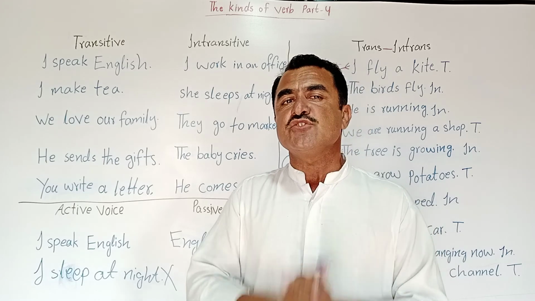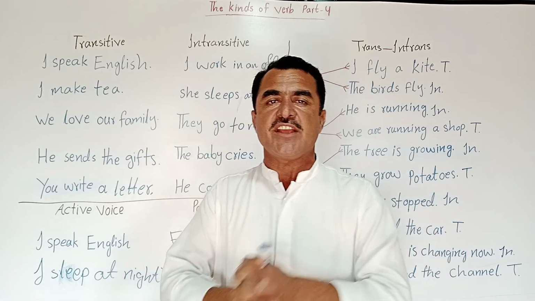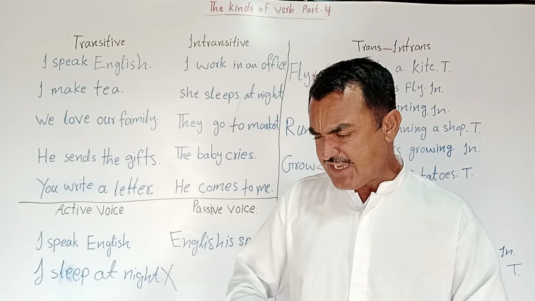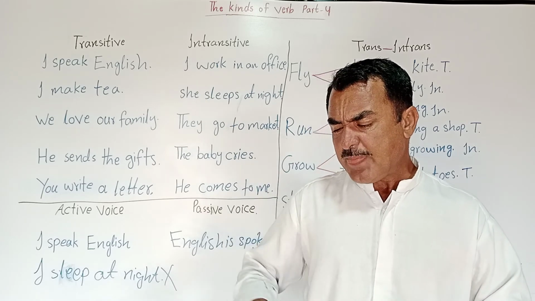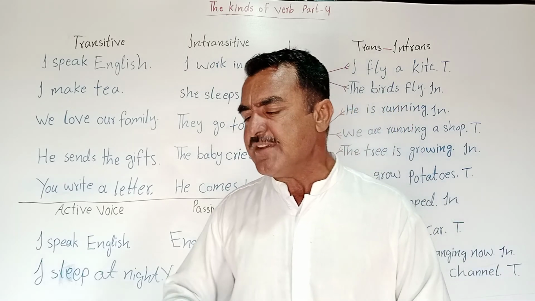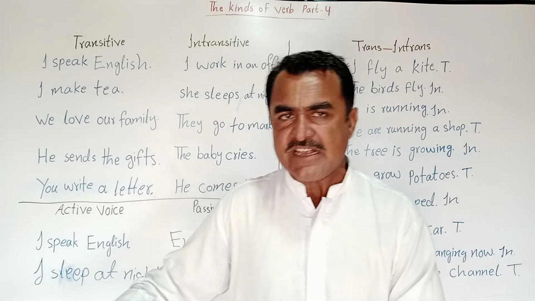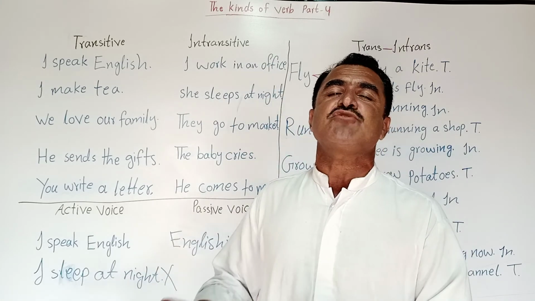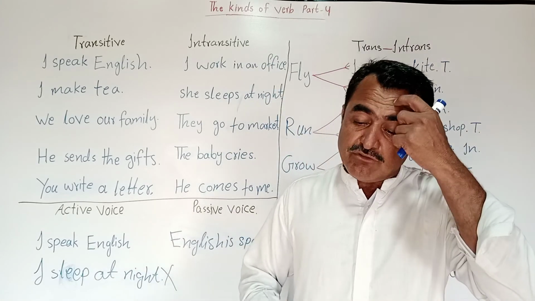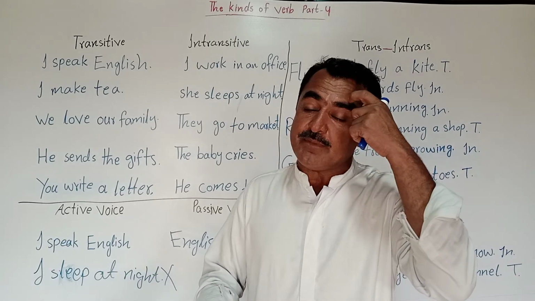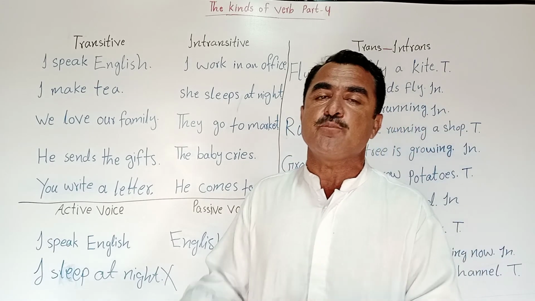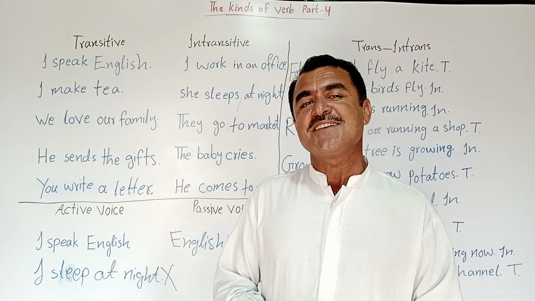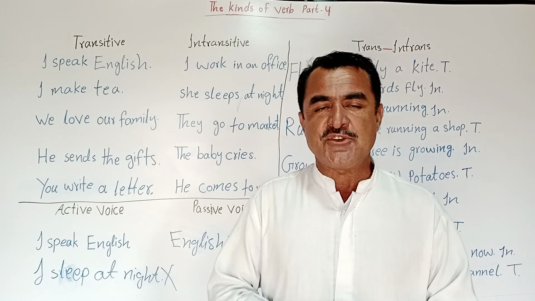For example, if you see a sentence somewhere in a test or an exam, you just analyze it. If it can be converted into passive voice, it means that is a transitive verb. And if you try hard, but after a long hardship, you are not able to change it into passive voice, it means it was an intransitive verb.